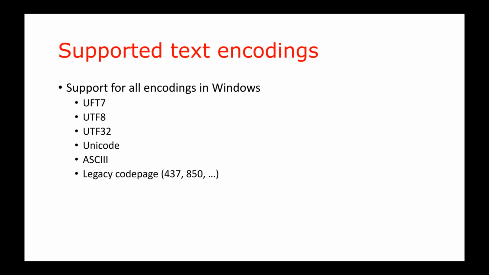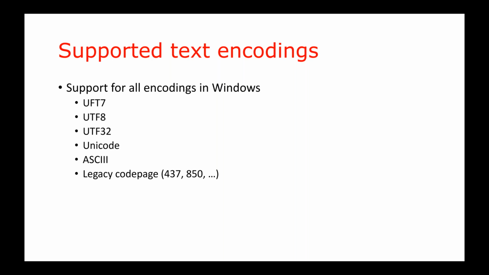UTF-8 is an encoding where the most commonly used characters from native English, so A to Z and all the digits and some special characters, only take up 1 byte. But if you have Danish or German local characters, they will be 2 bytes. But at the end of the day, the size of the file will be more comparable to if you had these single bytes in the old days.